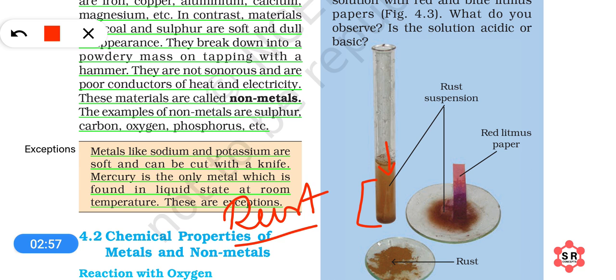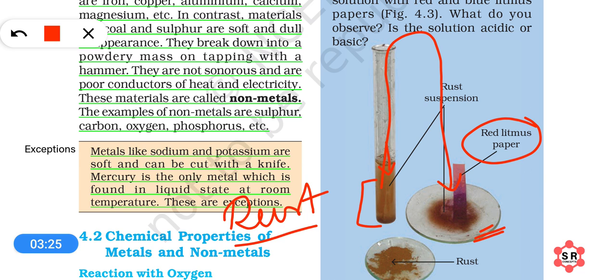But you will see that most of the iron oxide remains suspended in the mixture. We will take a few drops of this mixture in a watch glass, and then try to find out whether it is basic or acidic with the help of red litmus paper or blue litmus paper.